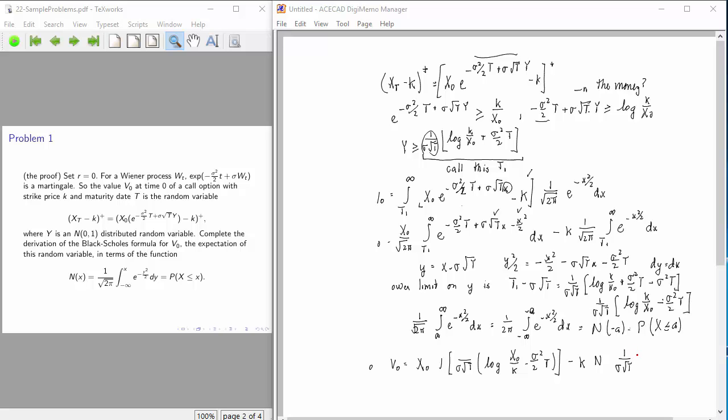And again, since it's minus t1, I flip over the logarithm, log of x0 over k. In t1, that showed up with a plus sign. Now here it shows up with a minus sign, and we've done it. That's the Black-Scholes formula for pricing of a call option.